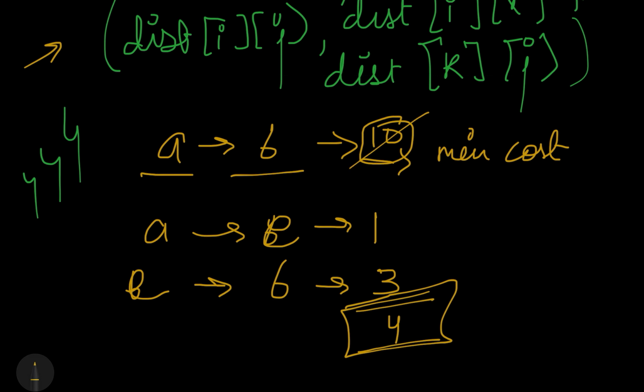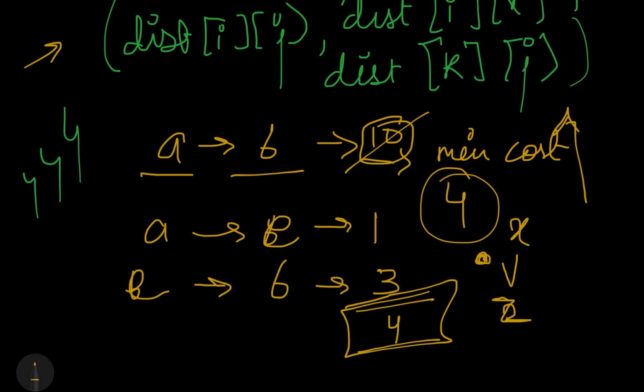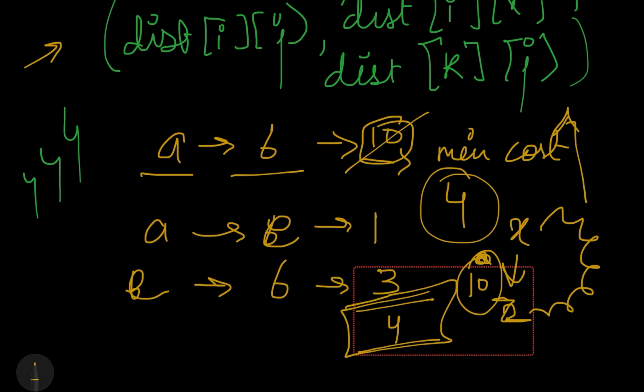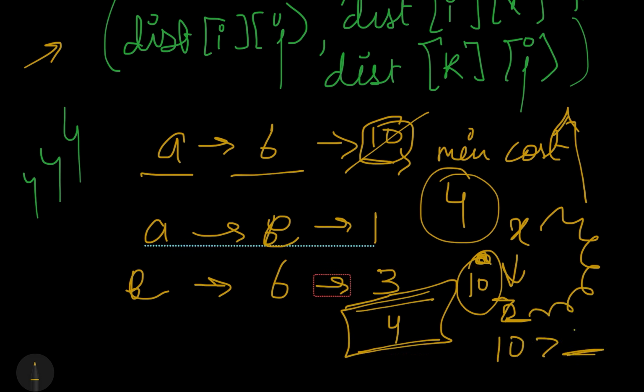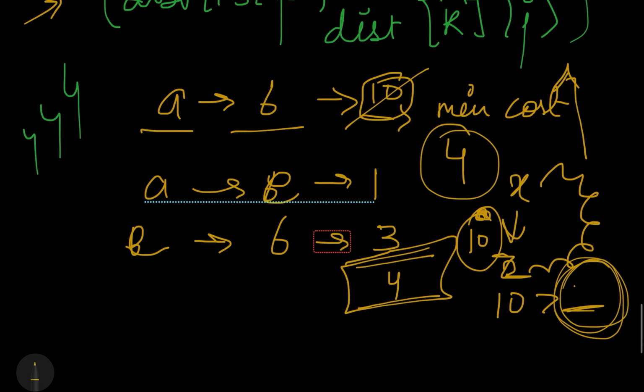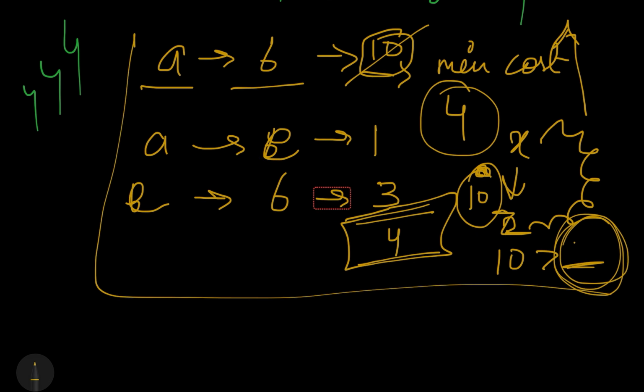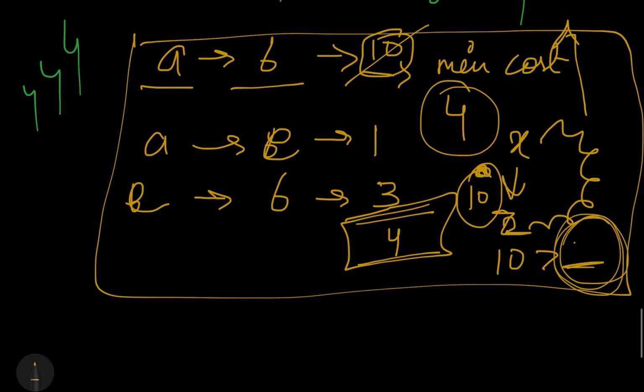Therefore the minimum cost to convert A to B becomes not 10 but 4. So in this loop we are doing the same. We are not checking only direct cost, we are checking from anywhere. If we reach here and its minimum cost is less than 10, then we'll initialize it with that cost. Okay, let's continue.